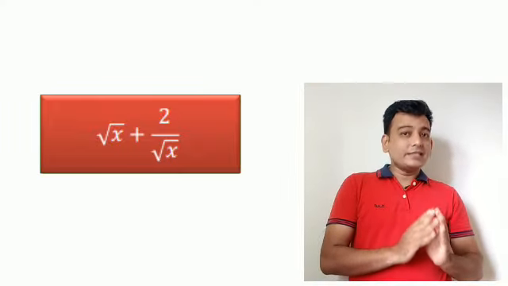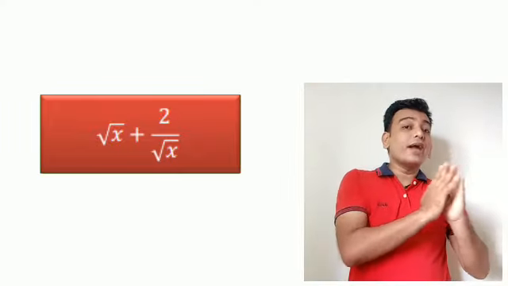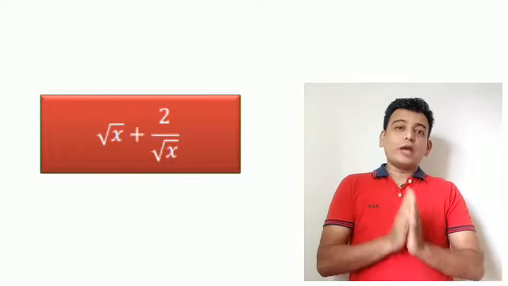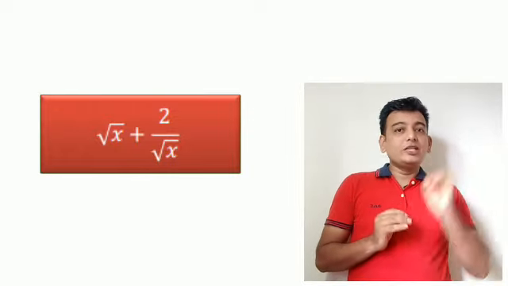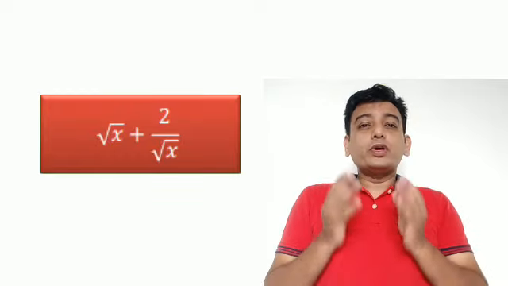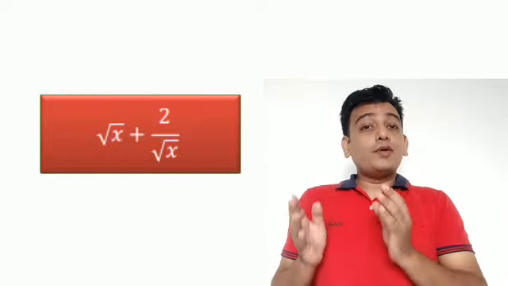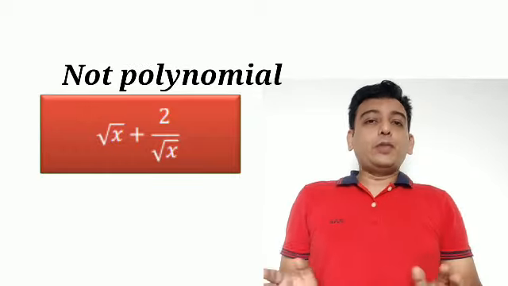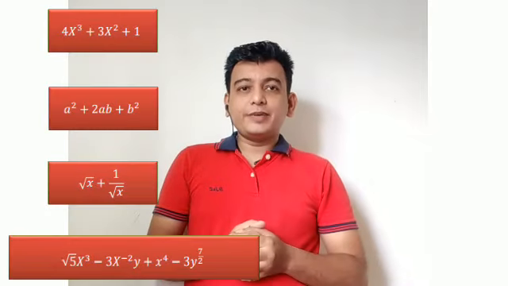Degree of square root of x is equal to 1 by 2. You can also write square root of x as x raised to 1 by 2, and 1 by 2 is not a whole number. So our expression is not a polynomial. So now, dear friends, can you find out which one is a polynomial and which is not in all these algebraic expressions?